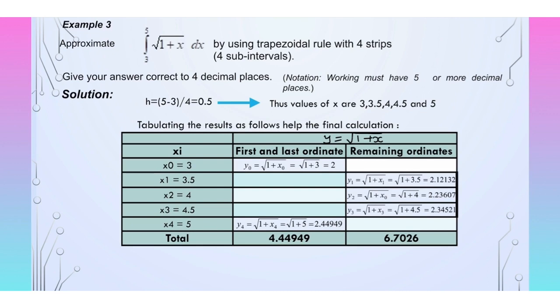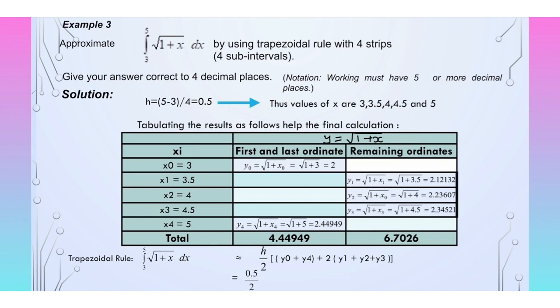And then use the trapezoidal rule, and then we can now find the approximate value for the integral of square root of 1 plus x from 3 to 5. This is approximately equal to h over 2 times y naught plus y4 plus 2 times the remaining ordinates.